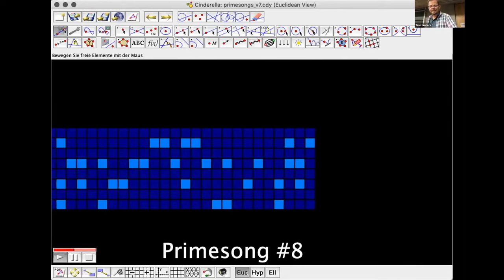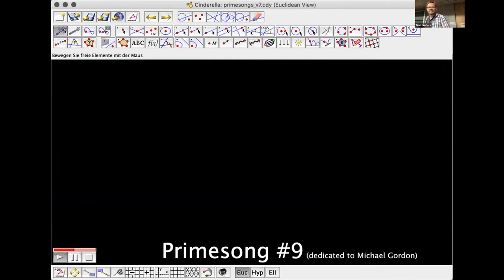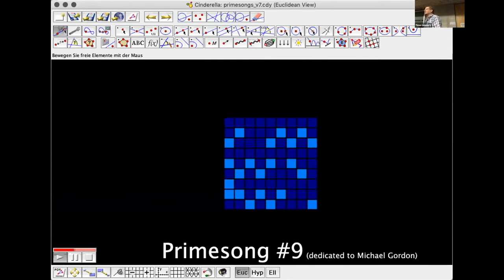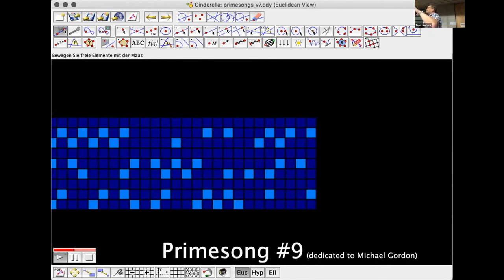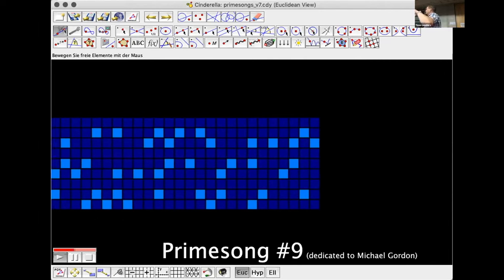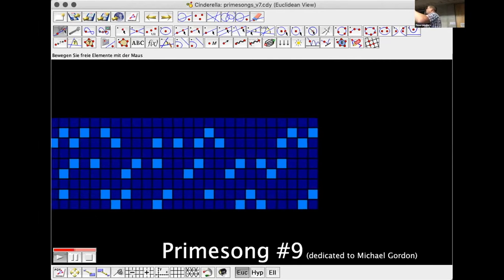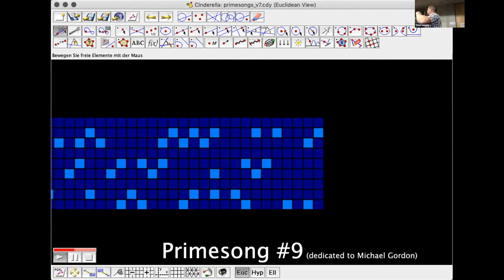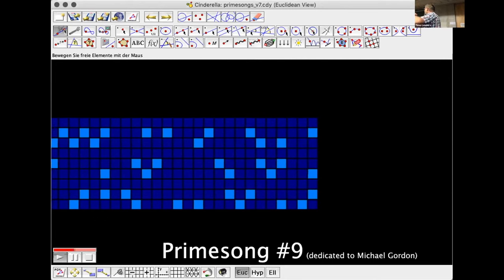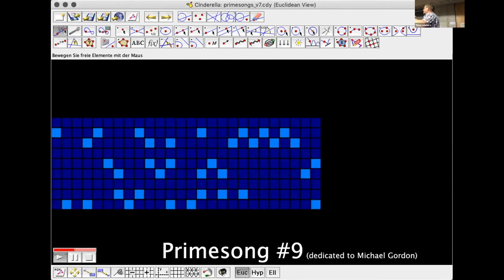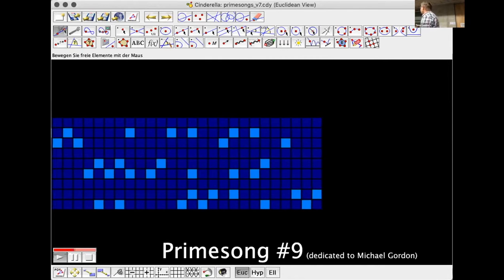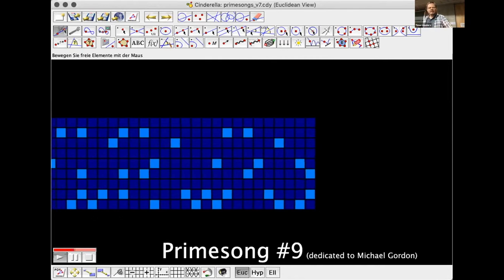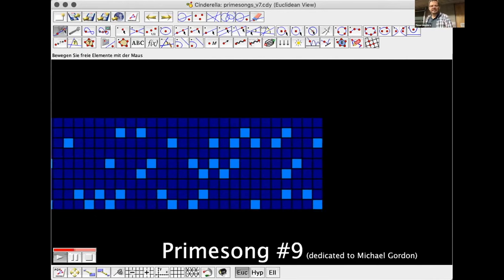Number 9. Now the intervals have become more interesting. It's not diatonic, but chromatic. In orchestra, with pauses, intermissions. Number 9, number 10.